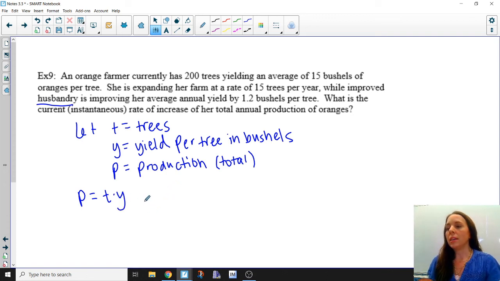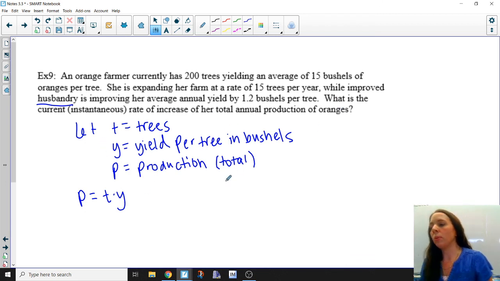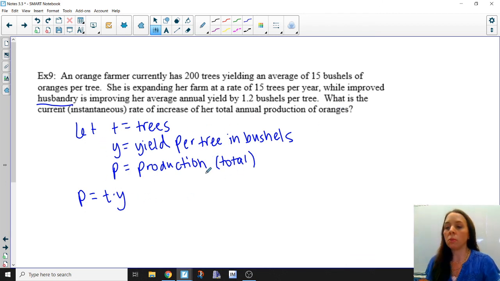All right, now we at some point have to acknowledge that what we should be doing is a derivative. Okay, and there's two reasons for that. Number one, we are in a section in calculus where we are finding derivatives, right? So we should be doing a derivative at some point. But a better reason is because we are being asked for the current instantaneous rate of increase of her total production of oranges.